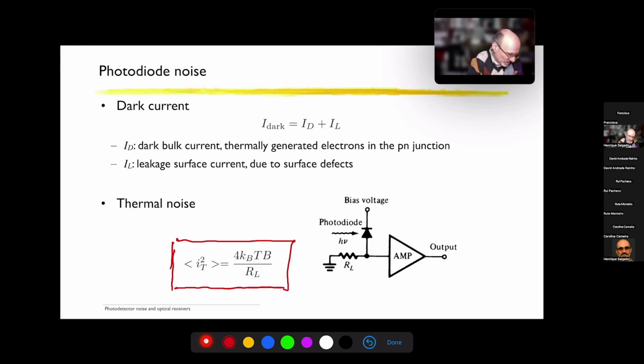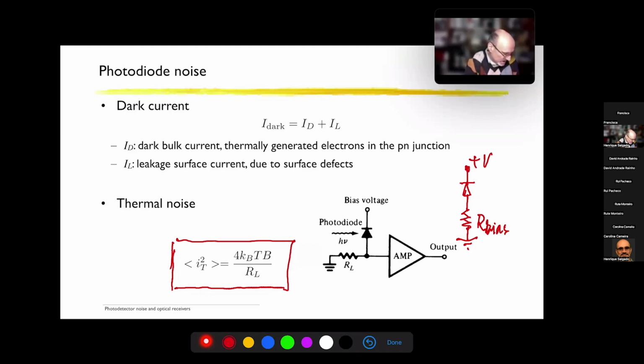So what you see here is a common configuration for biasing the photodetector. If you remember, the photodetector has to be reverse biased. This can be done with a simple circuitry, which is shown here. And so we have the diode and the bias resistor, which is connected to ground. So this will be the bias resistor and some positive voltage here, which guarantees that the diode is reverse biased.